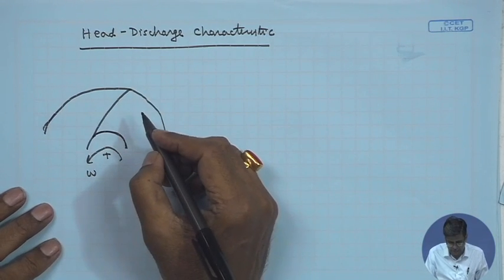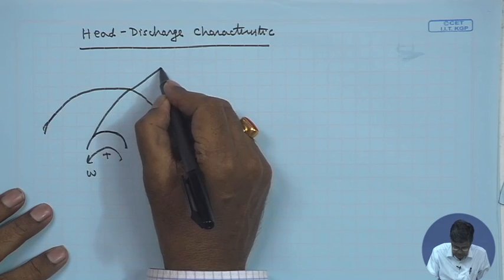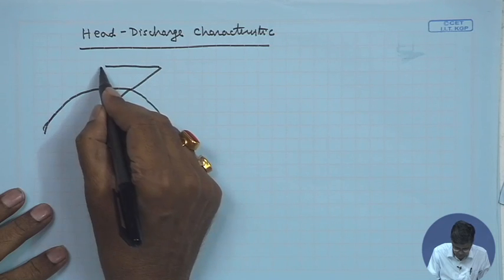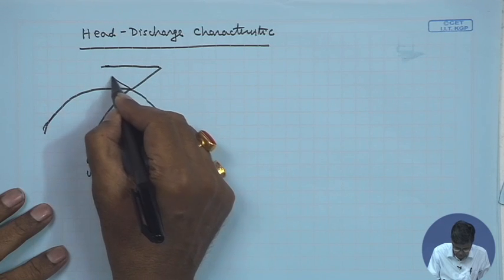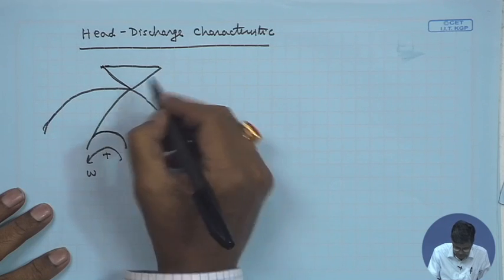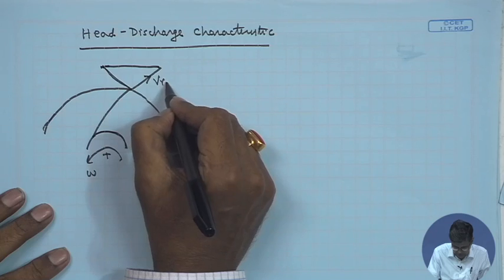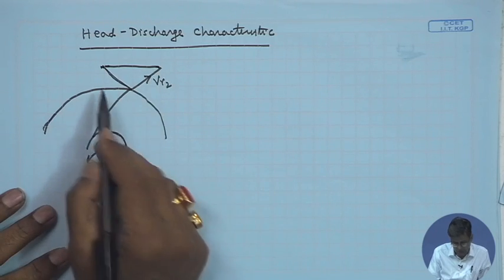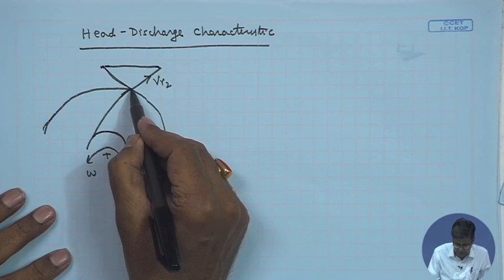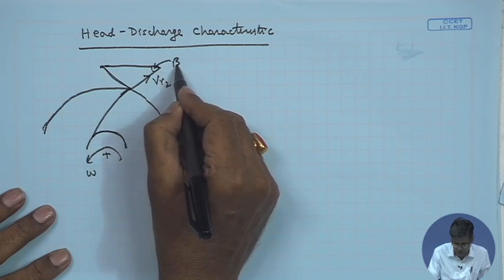Now, here the outlet velocity triangle remains like this. This is the outlet velocity triangle. This is Vr2, the relative velocity at the outlet, which was already discussed earlier. This coincides with the impeller blade angle at the outlet, which we defined as beta 2.